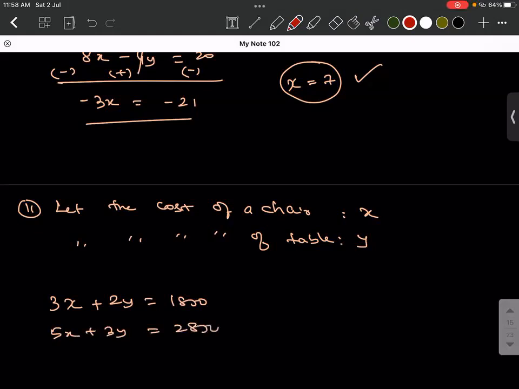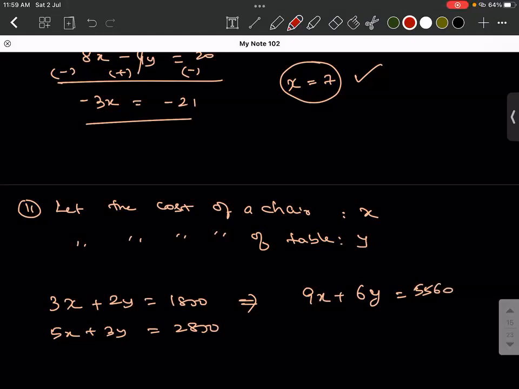Can you solve it? So multiply the first equation with 3, multiply the second equation with 2, subtract them, you'll get the cost of a chair. So 1850 into 3 is how much? 5550.